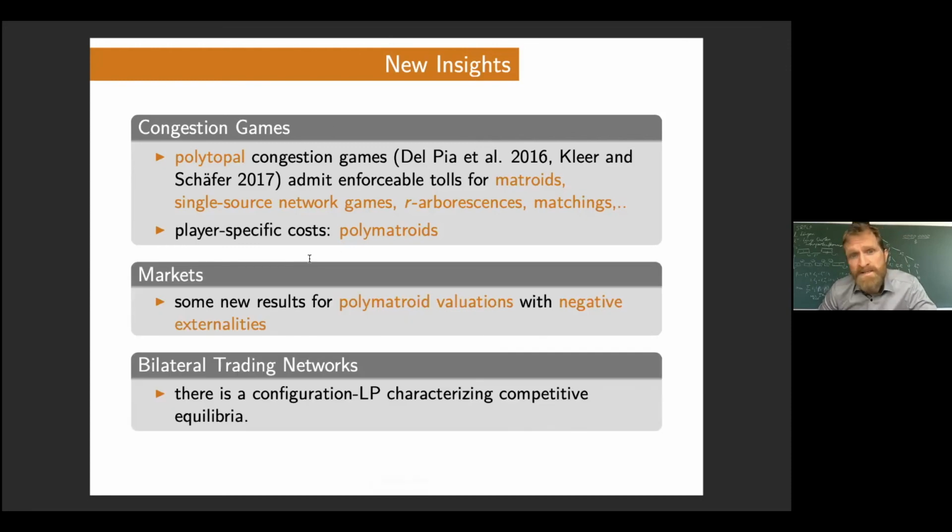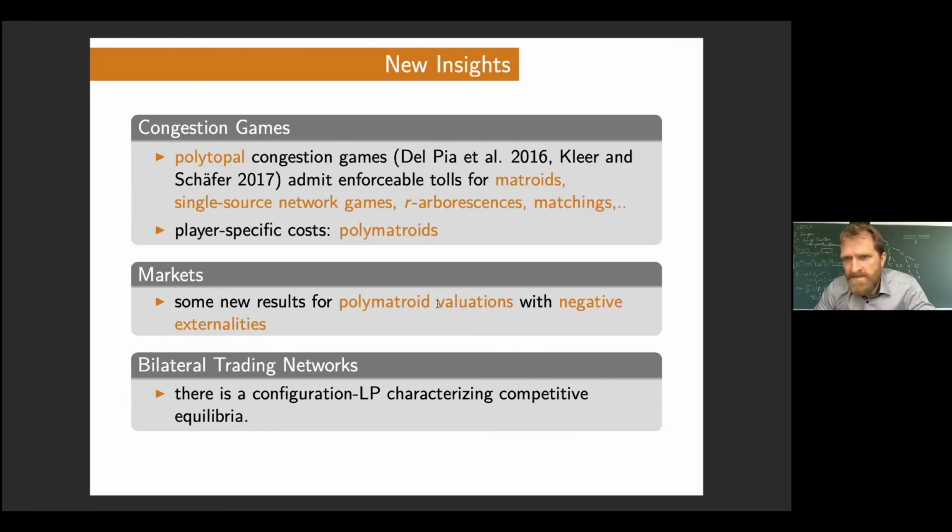So in the market setting, it turns out that for polymatroid valuations, I will also not define what this is, one gets existence results. If you look at the gross substitutes conditions that are known in the literature, if you write down the master LP, you see that it fulfills strong duality.